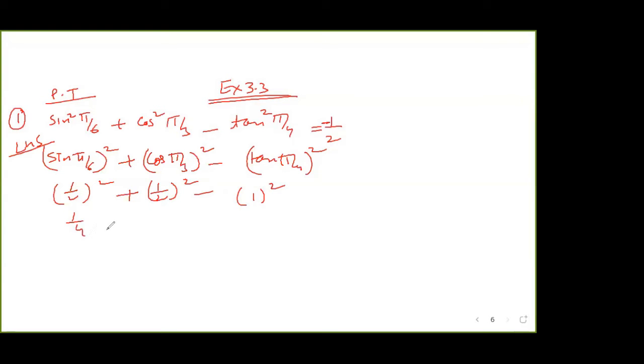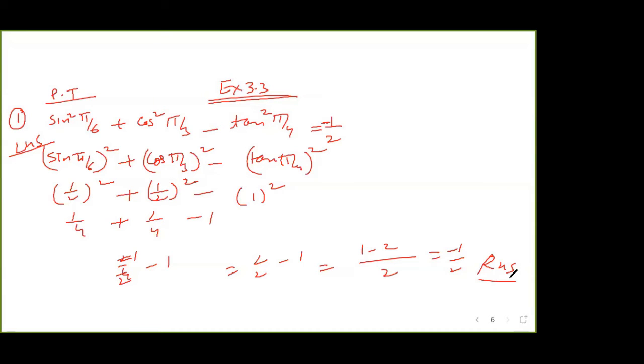Simplify it: 1 by 4 plus 1 by 4 minus 1. That will be equal to 2 by 4 minus 1, that is 1 by 2 minus 1, 2 is the LCM, 1 minus 2, you are getting minus 1 by 2, that is the right hand side. That will be equal to right hand side.